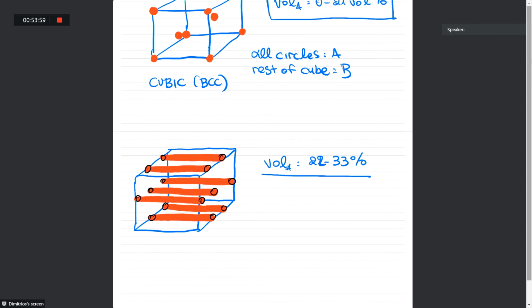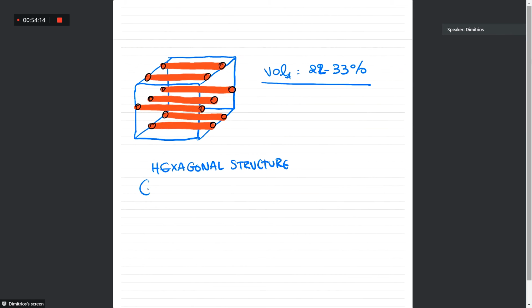This is called a hexagonal structure, and these are called cylindrical microdomains. They're called microdomains, but as I told you, they're really in the nanoscale, between 10 and 100 nanometers.